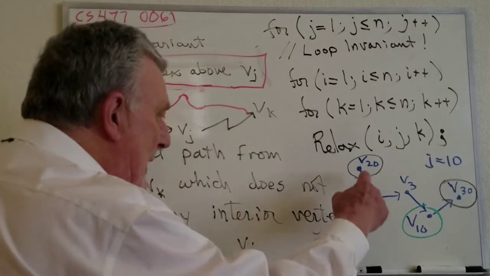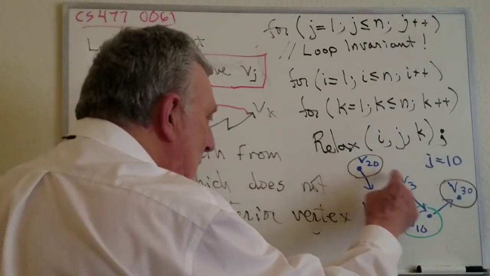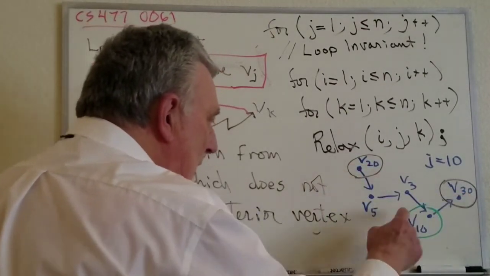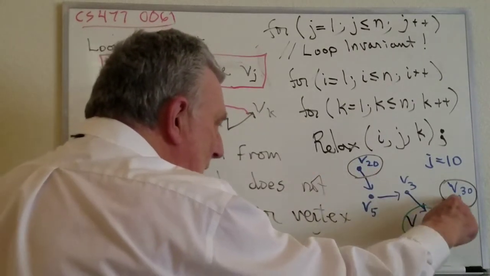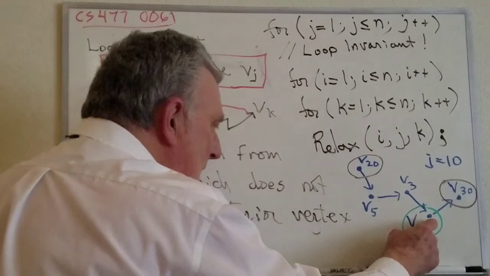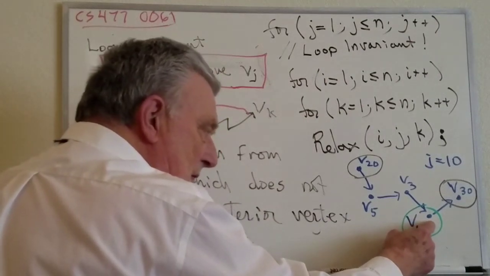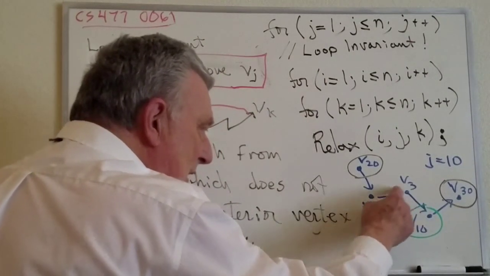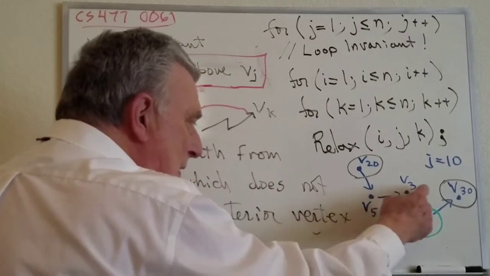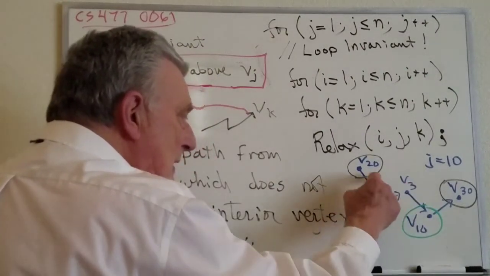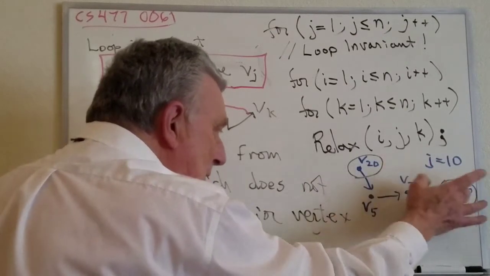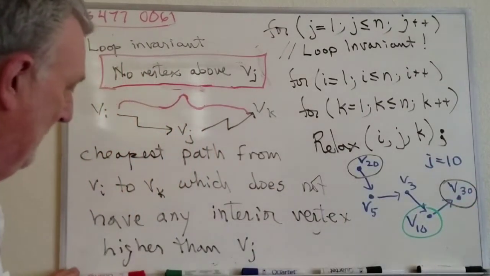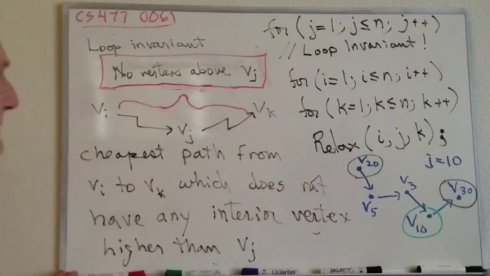So if you look at the path here, from i being 20 and k being 30, j being 10, then the path that I have found from vi to vk is allowed to use v10, but it's not allowed to use anything like v11, anything that's more than 10 in the interior. The interior is everything except the two ends.